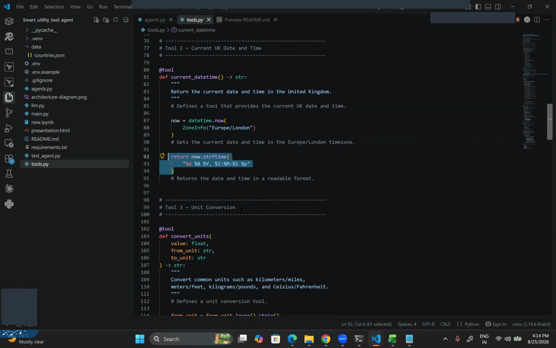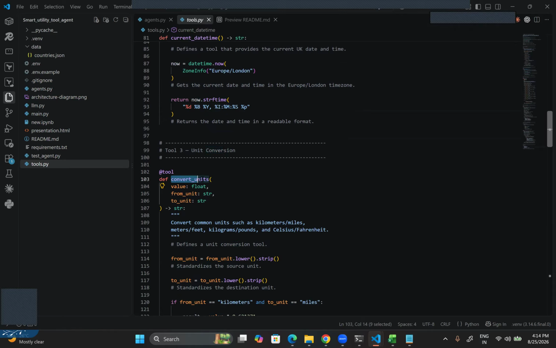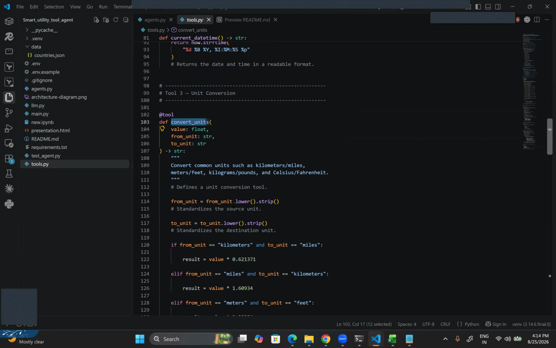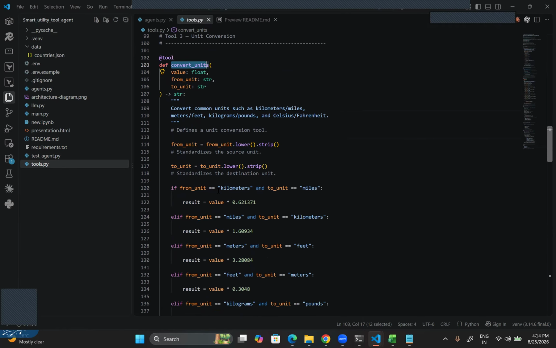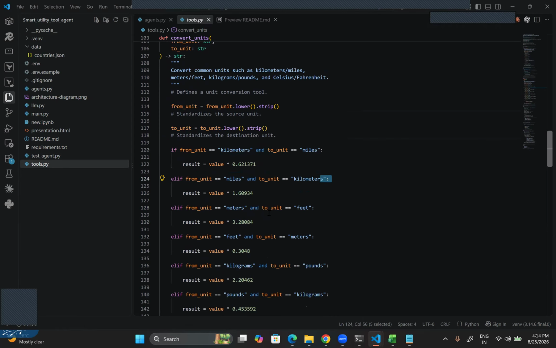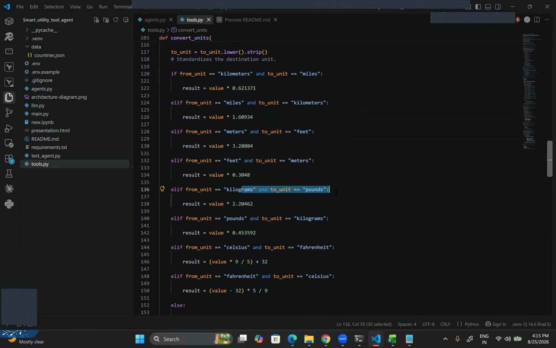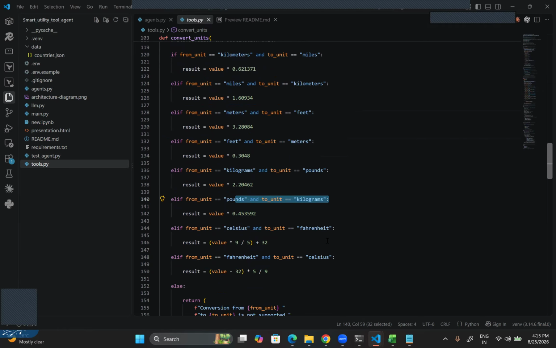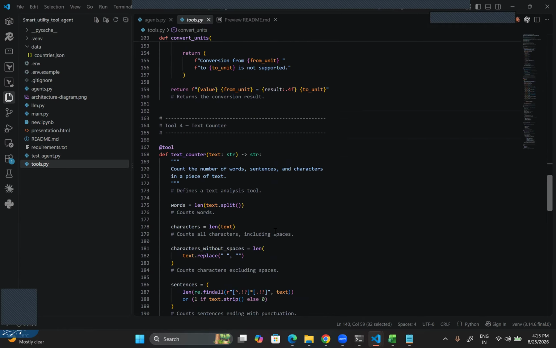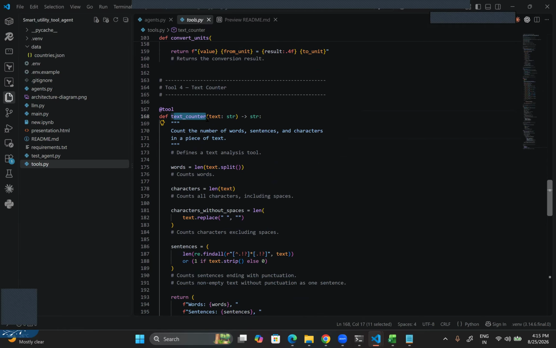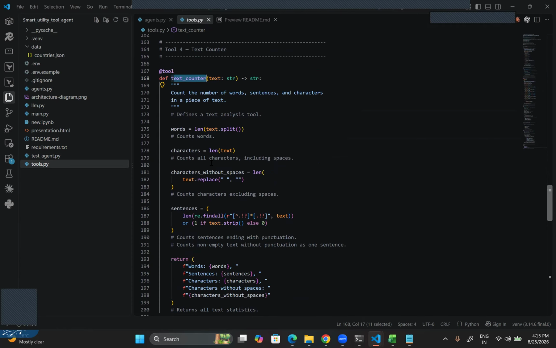and returns the date and time in a readable format. Then the third tool is convert units. This is hard-coded conversion, like factors from kilometers to miles, miles to kilometers, meters to feet, feet to meters, then kilograms to pounds, pounds to kilograms, like this. Then we have the text counter tool. What it does is count words once the text is split.